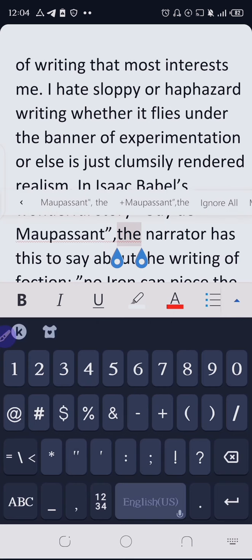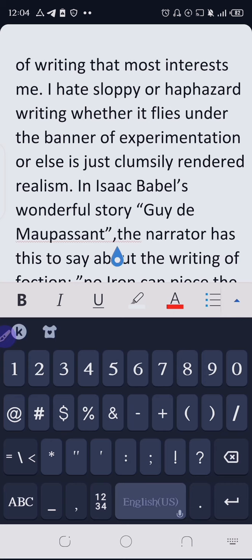And remember that mostly it's advisable, when you're using a quotation mark, that the punctuation mark nearest to the quotation mark should be inside the quotation mark.